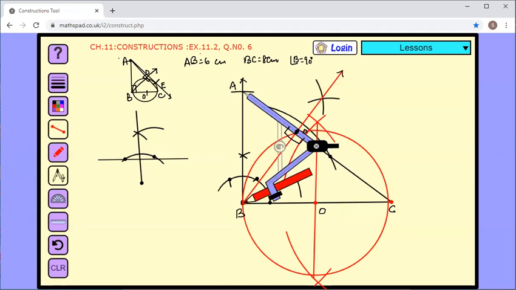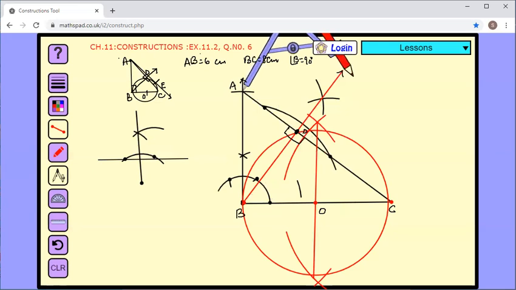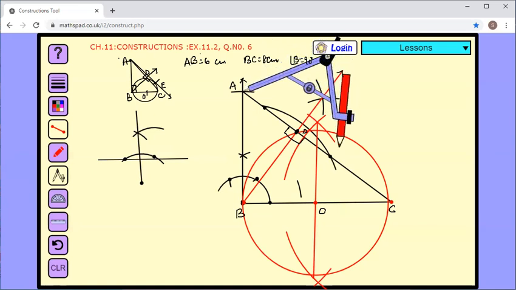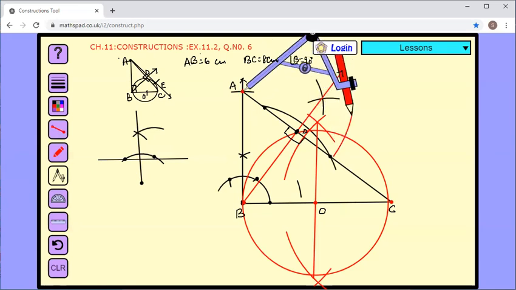Therefore, I will measure it, fix it and then I will put the arc on this circle such that the lengths of the two tangents should be equal. So this is AB, and where the circle has been cut by this arc is point E. AB and AE will become the two tangents to the circle.